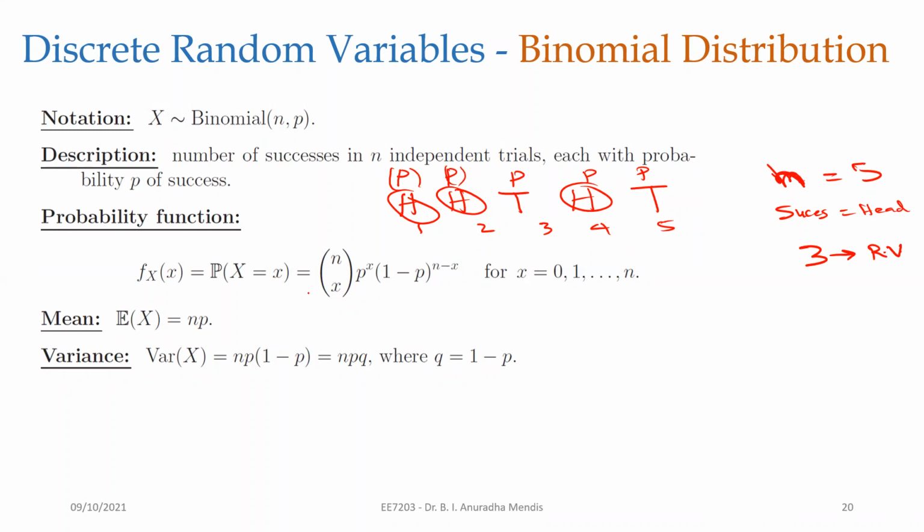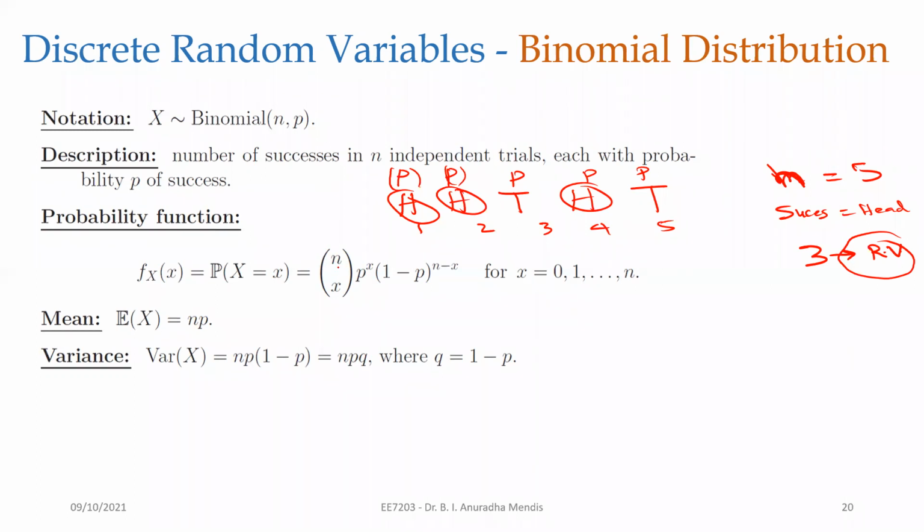Now this binomial distribution probability mass function is given in this way. How many trials? N independent trials. How many successes? This is the random variable I told you, the number of successes. That means your random variable X equals simple x, the number of successes. And this is the combinatorial, which gives the number of combinations, as you know from A level.